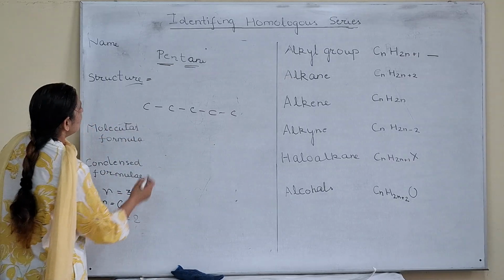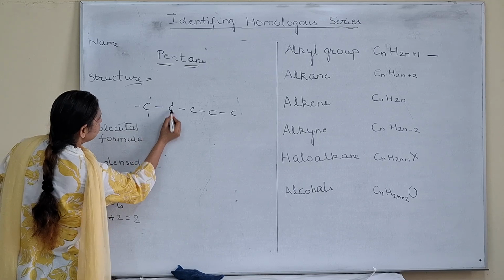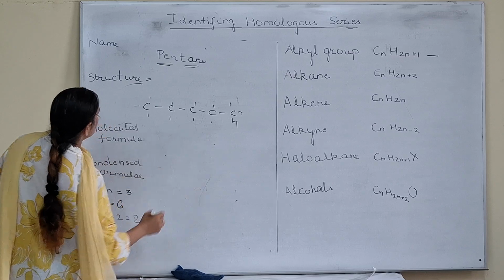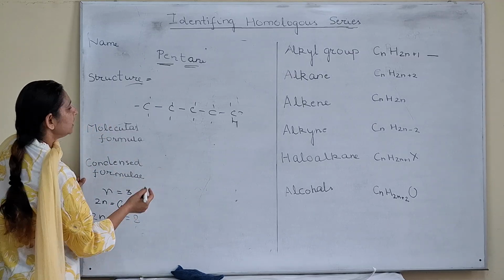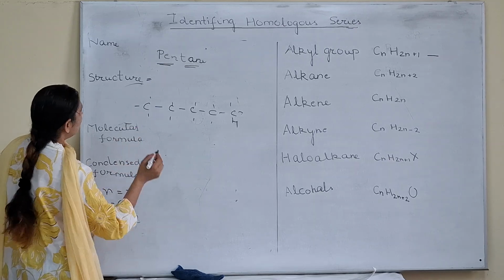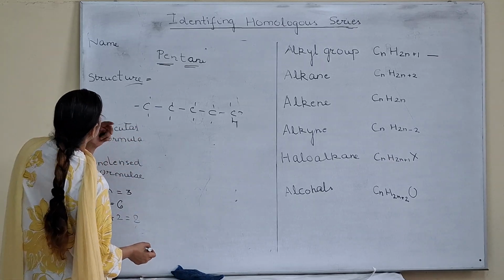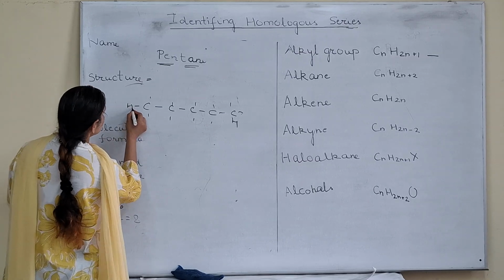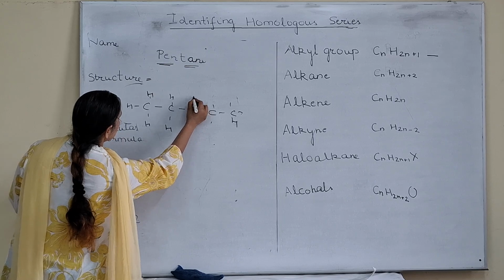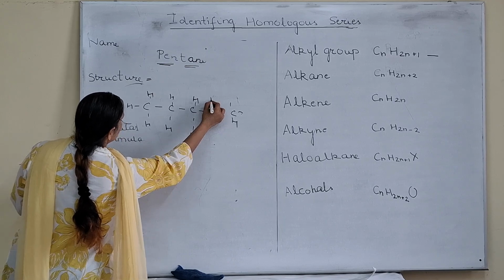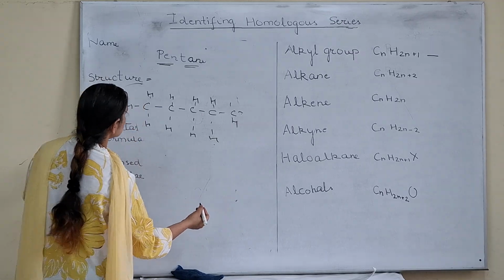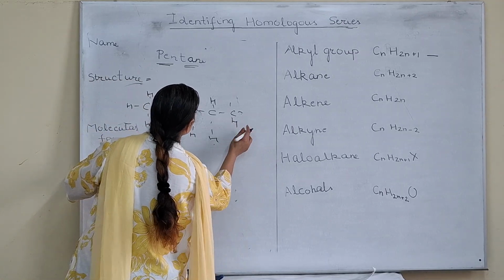Now we'll complete the valencies, with single bonds between every carbon atom. At least I'll fill in all the hydrogens on all the valencies.